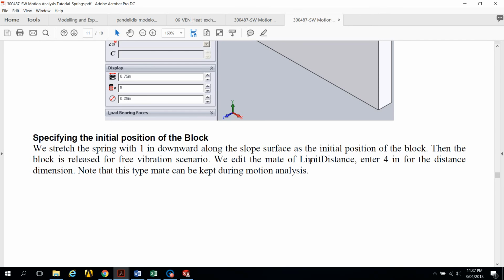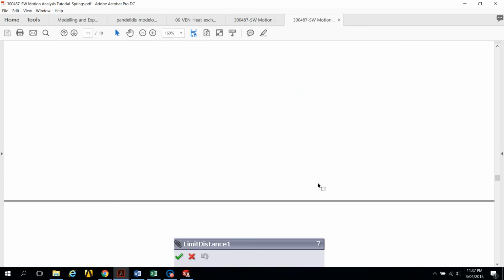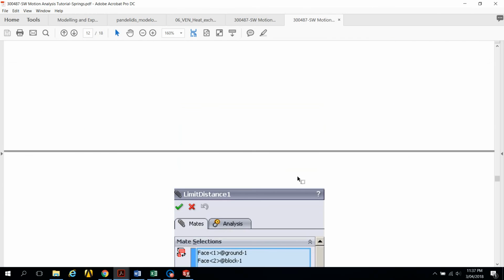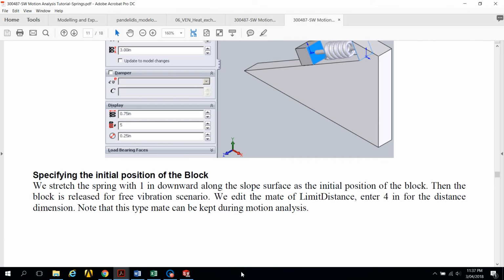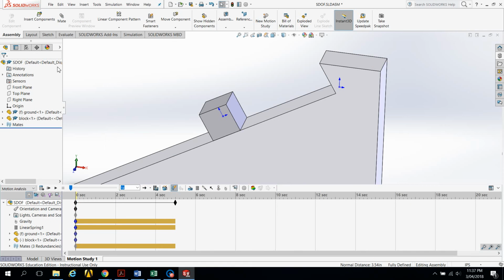We edit the mates of the limit distance. For the distance dimensions, note that this type of mate can be kept during the motion analysis. So limit distance. Let me check how to get the limit distance.